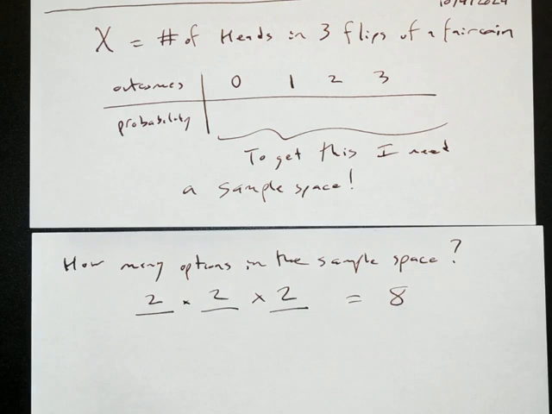So let's write out 8 possible lists. How do I figure out what those 8 lists are? Let's make a tree. Flip number 1 is a branch, right?